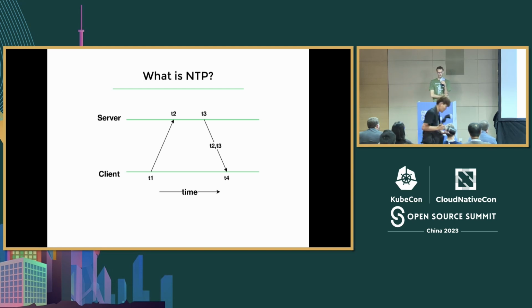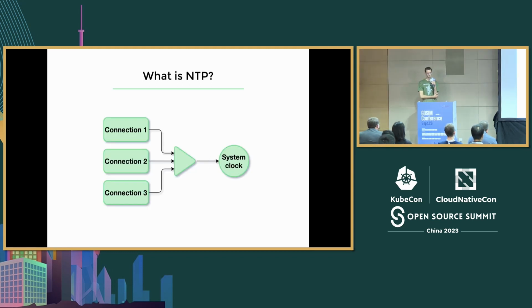We also do some further statistics to reduce the effect of noise in this signal. So there's some complicated Kalman filter stuff going on in our implementation. And then finally, we want to always listen to multiple sources of time. If we listen to just one, someone might trip over the power cable, and we drift off, which we might not notice until a month later when your login doesn't work.